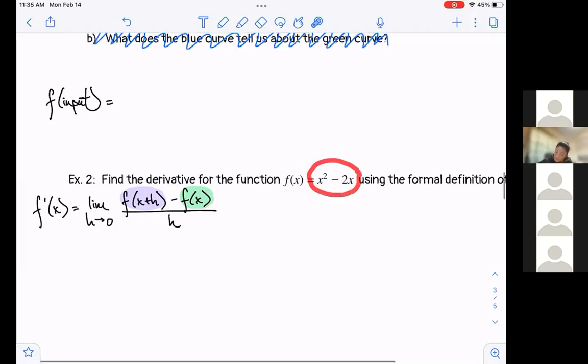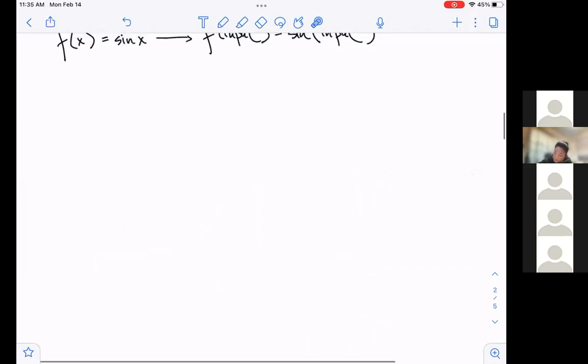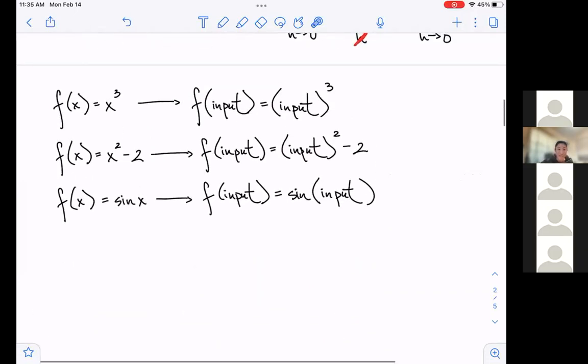So I think I'm not asking the question well. What I was asking is more like something like this, right? If you have f of x equals x cubed, how do we write it with the word input? Or if I had x squared minus 2, how do we write that with the word input? Or if we had a different function, how would we write that with the word input? Okay.